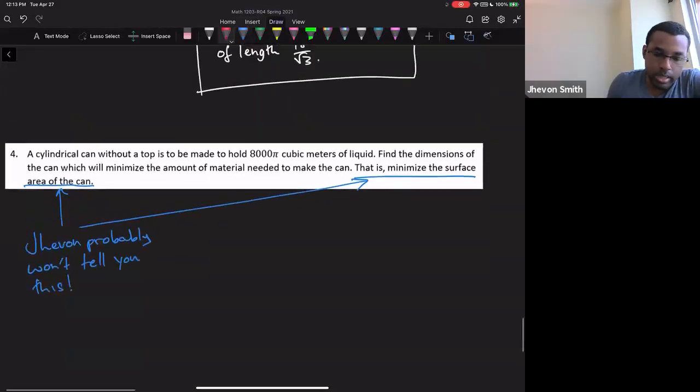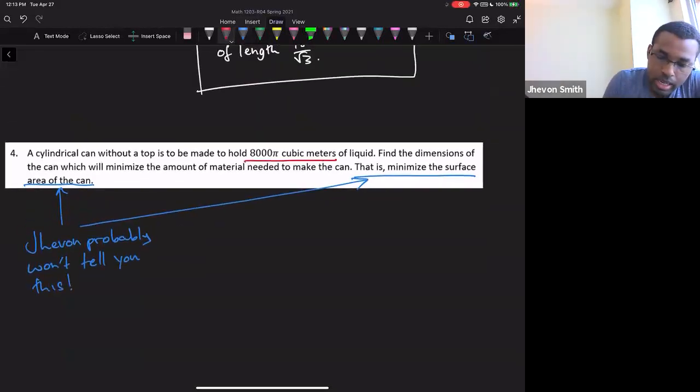But other than that, we know that this guy here is a constraint. We know we want to find the dimensions, that's the Q, and we want to minimize the amount of material. So we want to min, that's our objective, min surface area.